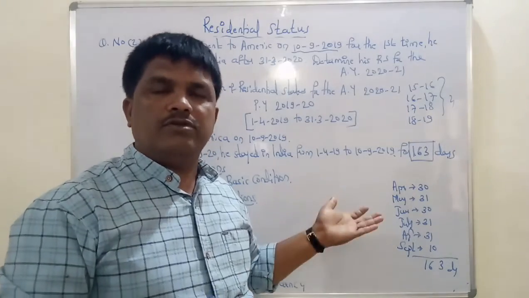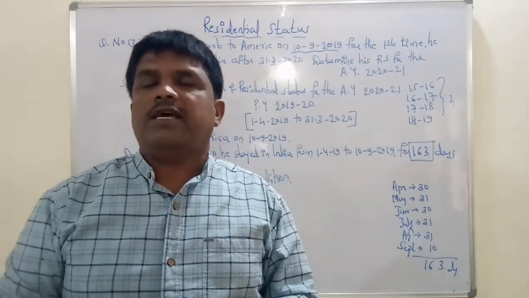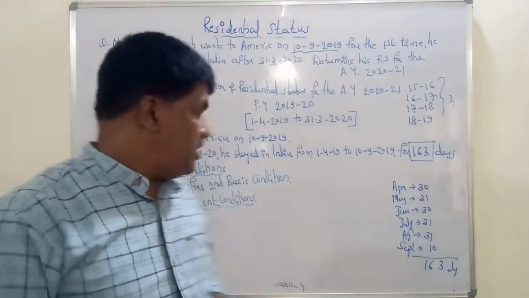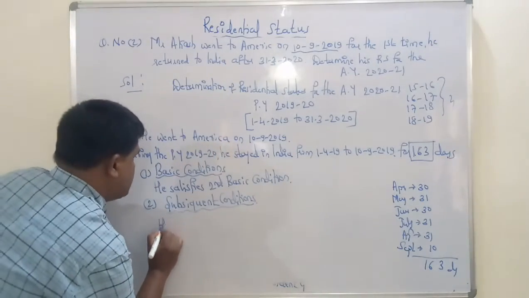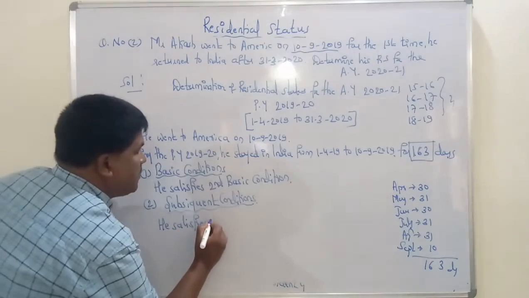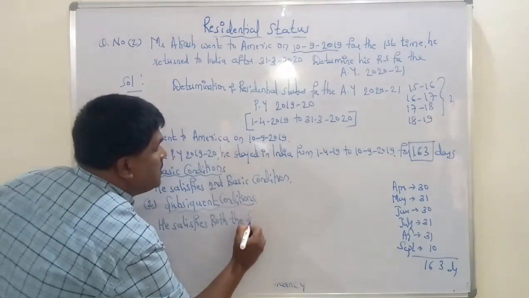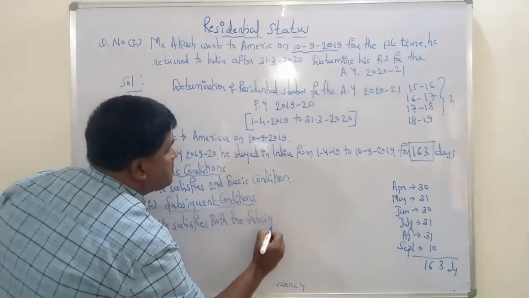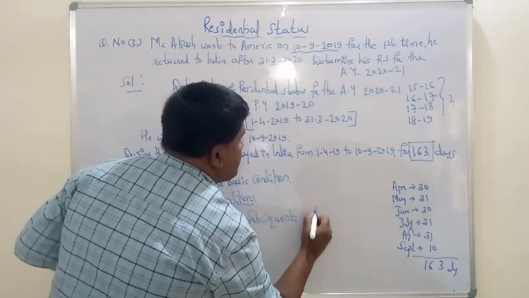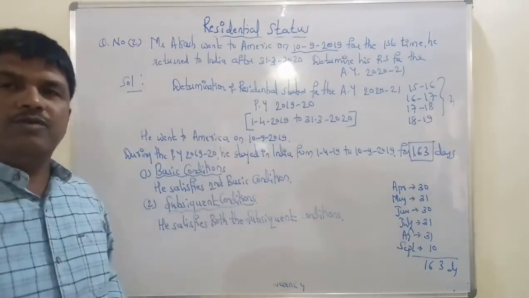Before 2019-2020 he was always in India. It means he satisfied the second subsequent condition also. So finally we can give one conclusion. Before that you write, he satisfies both the subsequent conditions.